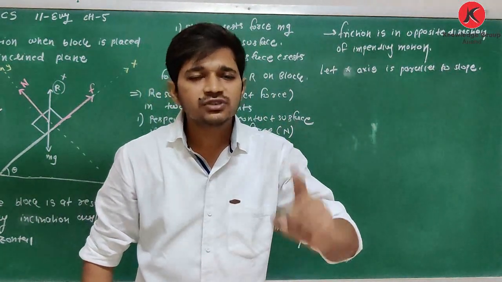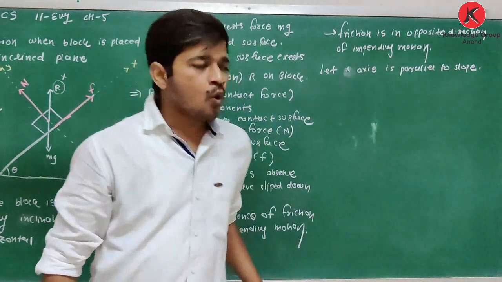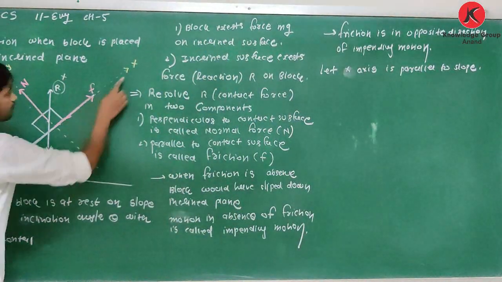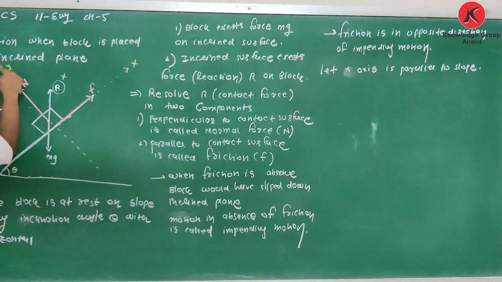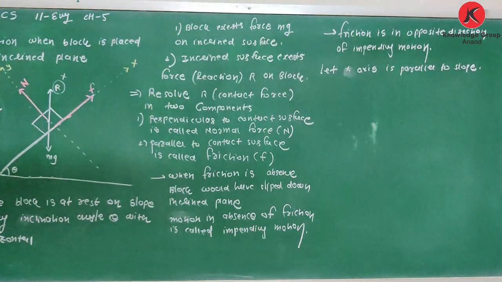Resolve the force which is not only in the x direction and not only in the y direction. Here f is along the x direction, n is along the y direction, but mg is not in the x or y direction. So yes, we have to resolve this mg. How to resolve this mg?